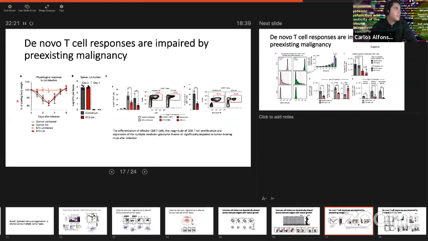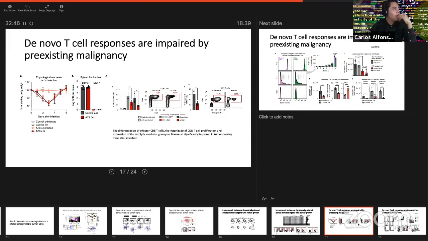At first glance, just by looking at body weight, we can see that the uninfected and the infected mice show the same pattern as the infected control mice, meaning that the way the cells respond to infection doesn't seem to be affected, at least by this particular measurement.